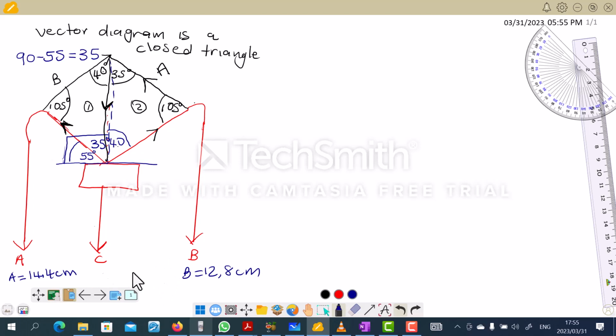So we're going to use these values in centimeters for A and B.